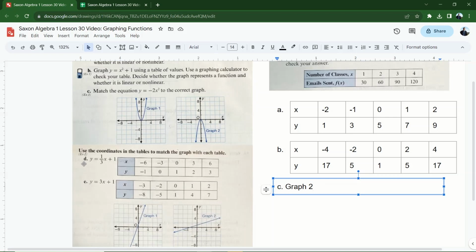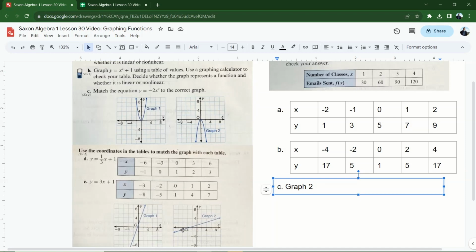All right. The next one, use the coordinates in the tables to match each graph with a table, one of these two. So let's do that. Y equals 1/3 x plus 1. Hey, they already made a table out of this equation by plugging x values into this equation and figuring out what y was. -6, -3, 0, 3, 6, and then -1.